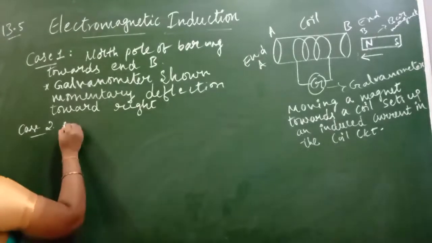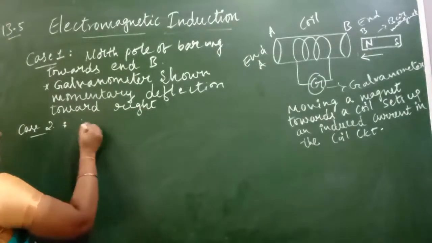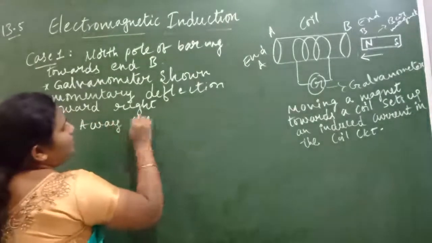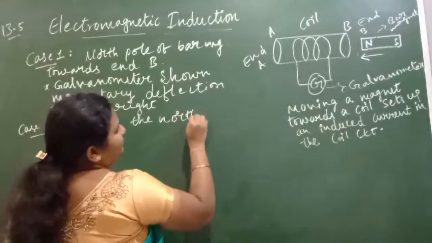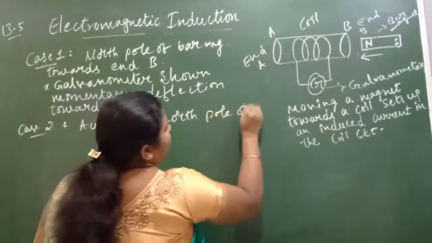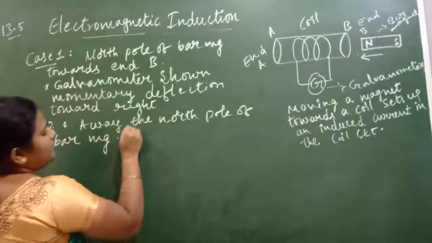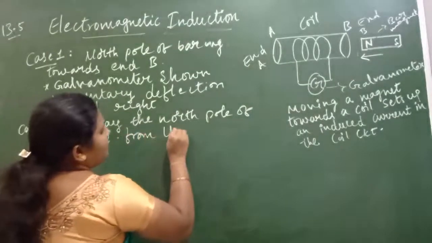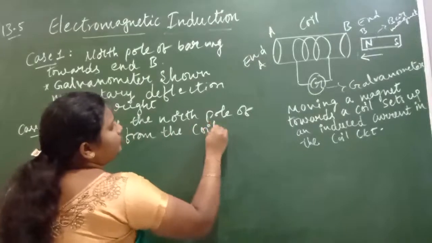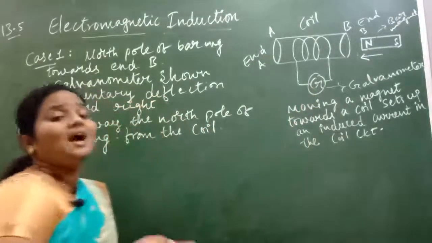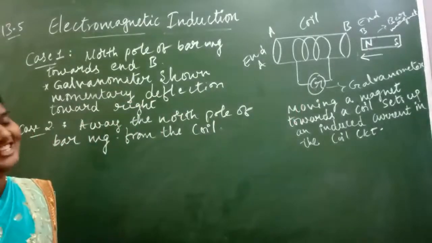Isn't it, children? That is, when we take away the north pole of the bar magnet from the coil, once again the galvanometer has deflected, but in the opposite direction.